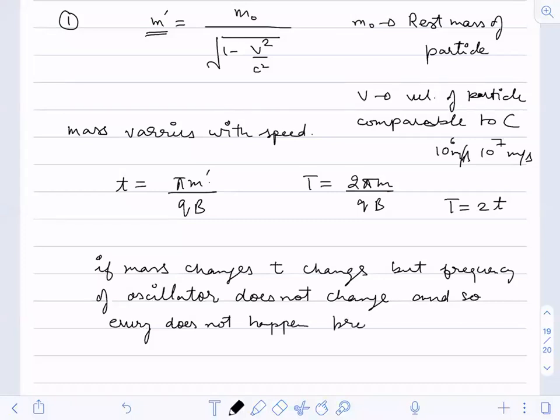That means they are not in sync. The oscillator frequency is not in step with the frequency of the particle's motion.